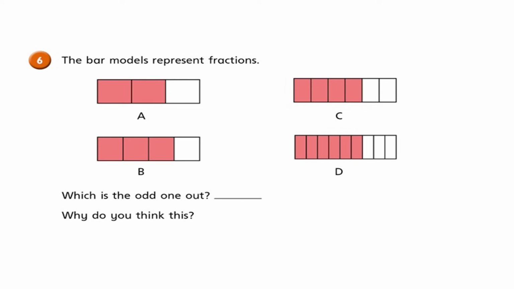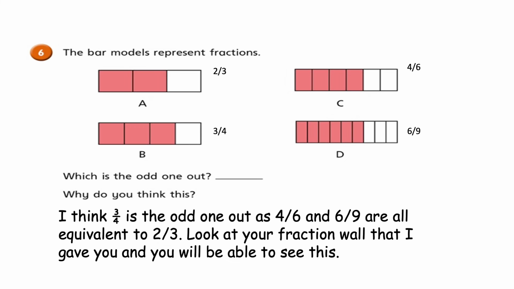Okay then, so let's go through the answer that I've come up with. So A, I said was 2/3. B, I said was 3/4. C was 4/6. And D is 6/9. So I've said the odd one out is 3/4, as 4/6 and 6/9 are all equivalent to 2/3.